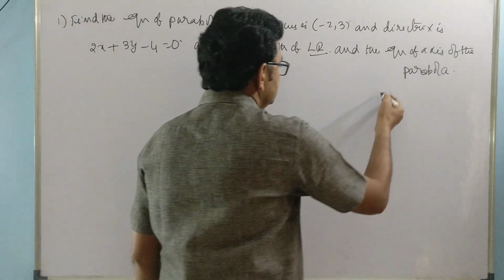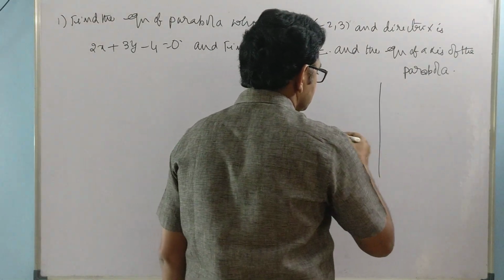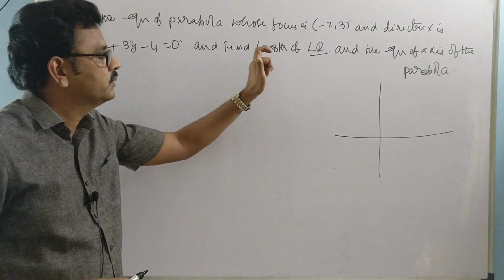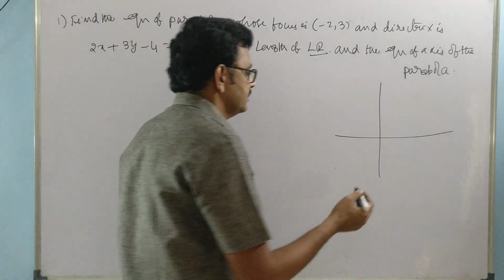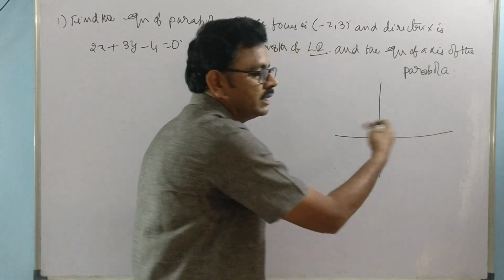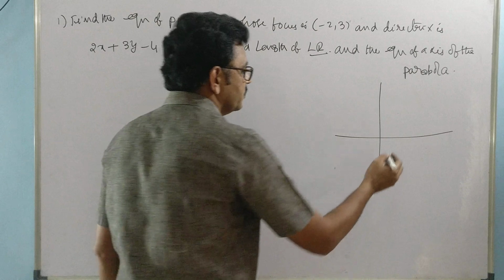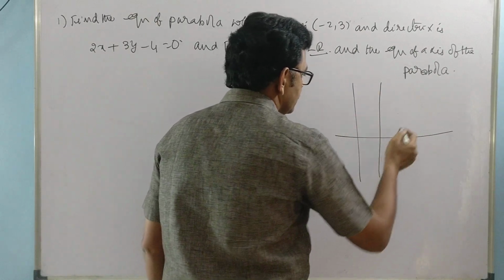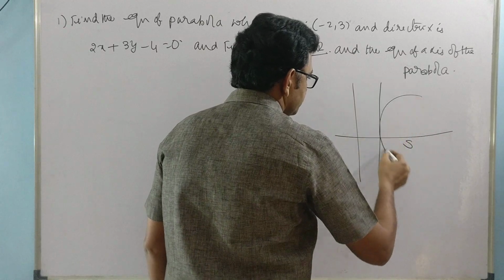See here. Irrespective of the diagram, according to definition, focus is given. So this is the x-axis, y-axis. In general, we can discuss the point. This is the focus and this is the directrix.